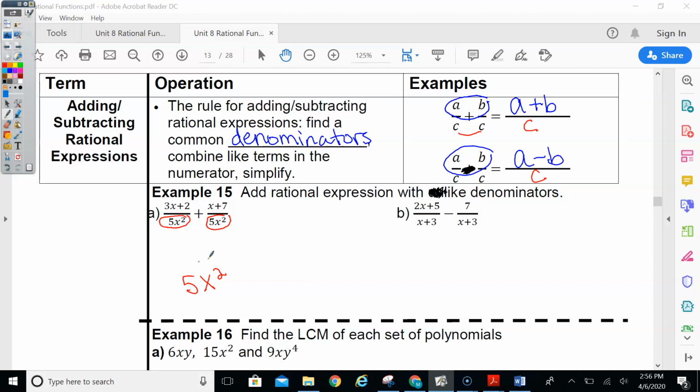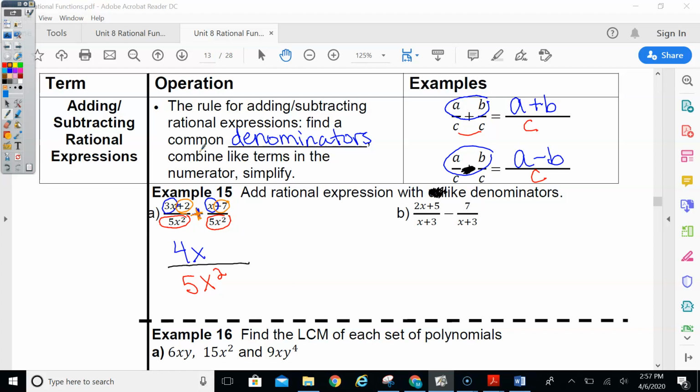All I need to do is combine like terms in the numerator. So here, if I combine my x's, I have a 3x plus an x, which makes 4x. And then I combine my numbers, 2 plus negative 7. Right, that's negative 7.